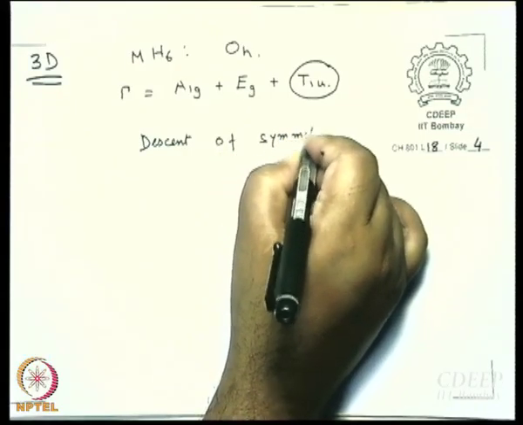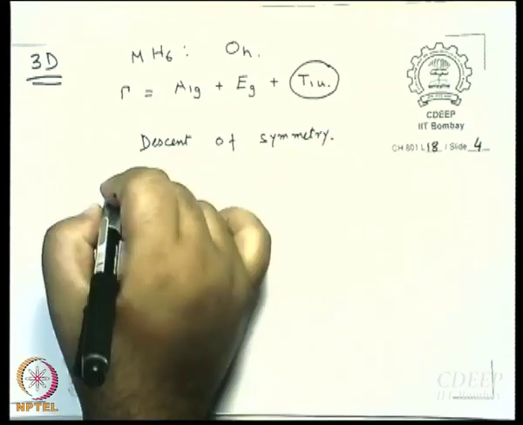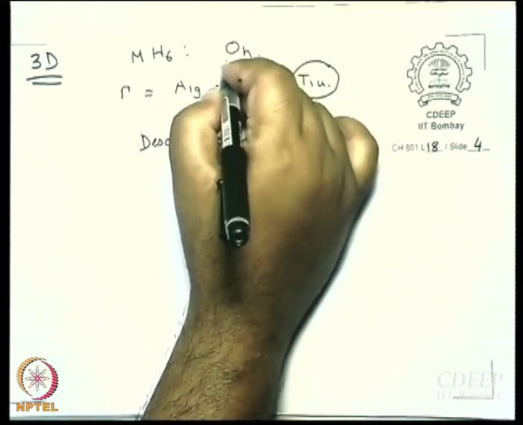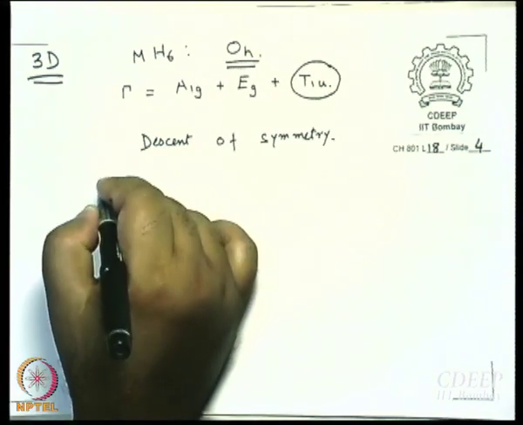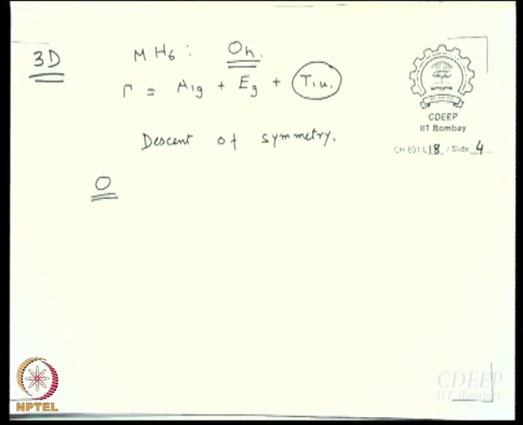That is what we are going to do here, and we are going to use not the full Oh group, but rather the subgroup O. In case you are wondering what I am talking about, this is Oh and this is O.